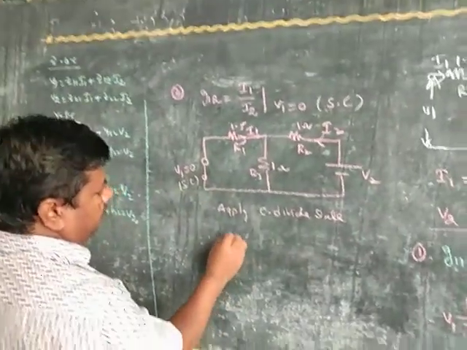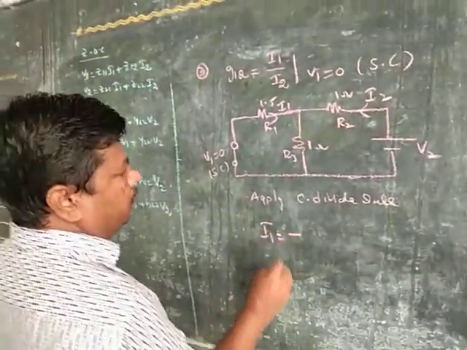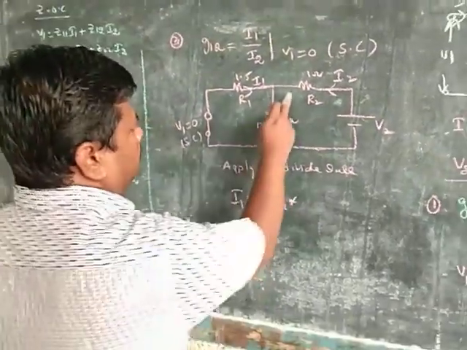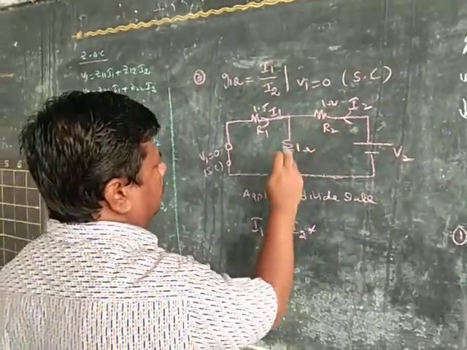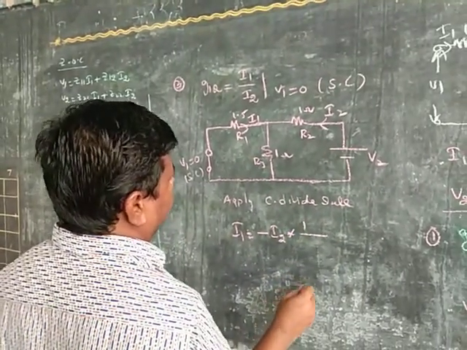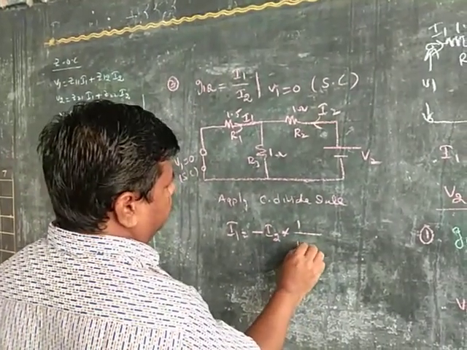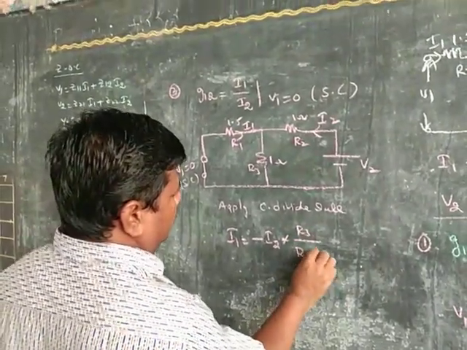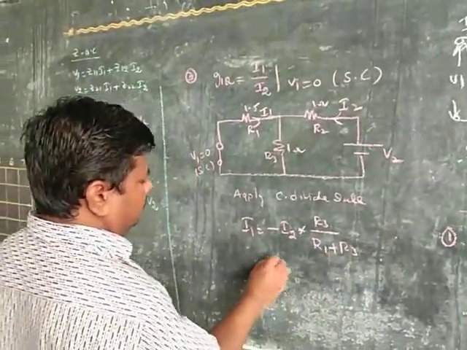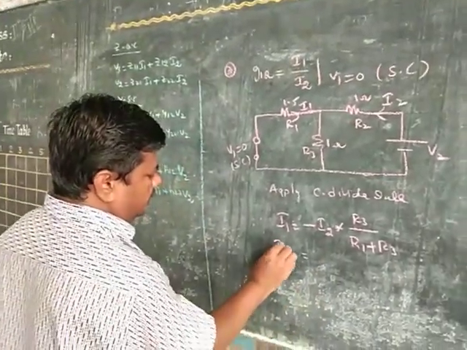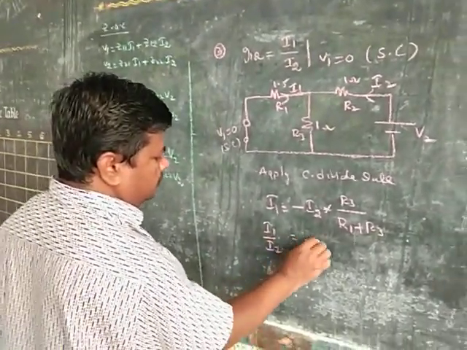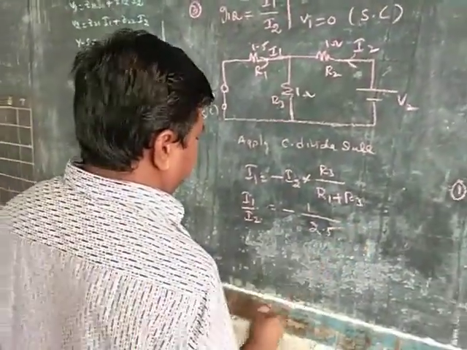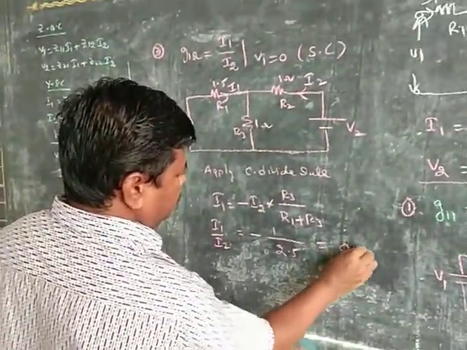So I1 current is equal to minus I2 into R3 by R1 plus R3. So I1 by I2 is equal to minus 1 by 2.5, that is equal to minus 0.4.